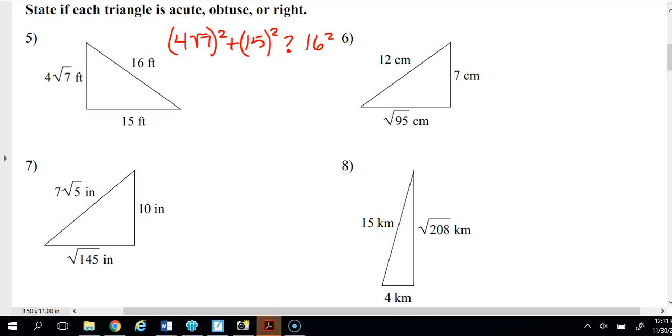So when we square 4, that's 16. When we square the square root, that gives us 7. So this is going to be 16 times 7, plus this is going to be 225, and this is going to be 256.